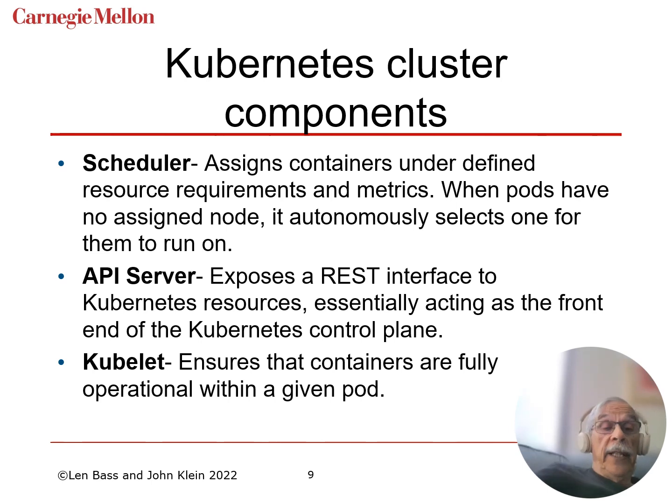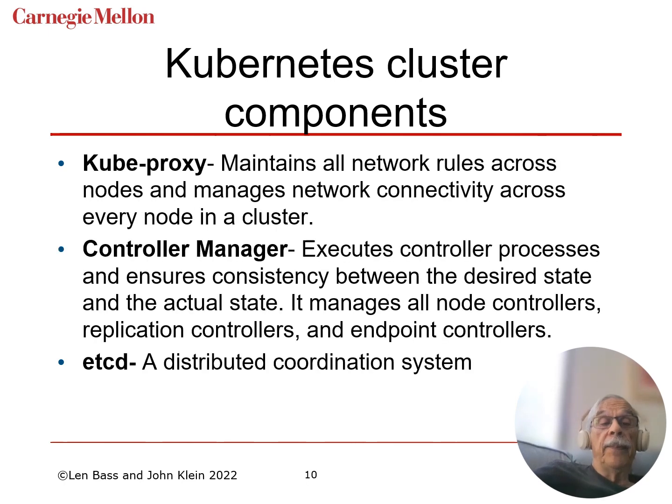You have the API server, and that exposes a REST interface to Kubernetes resources. And it's the front end of the Kubernetes control plane, and I'll talk about the control plane in a minute. And then there's something called a kubelet that keeps track of containers and makes sure they're operational. So it's a health thing.